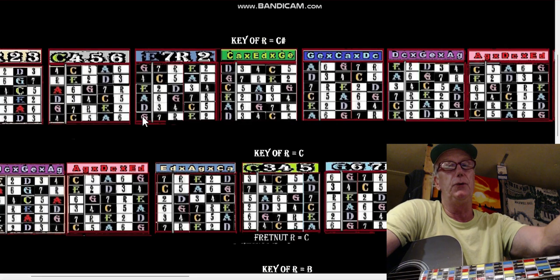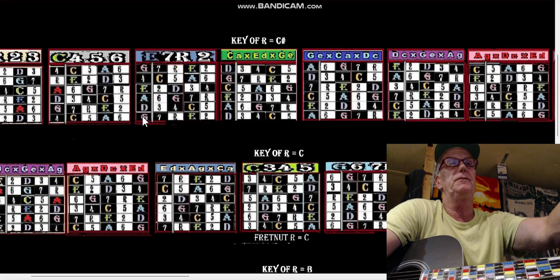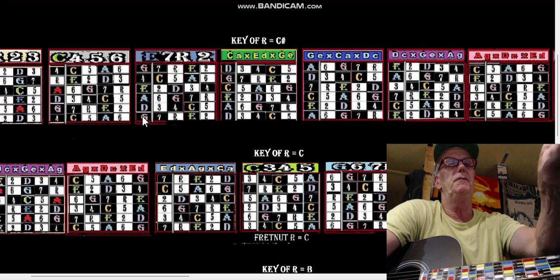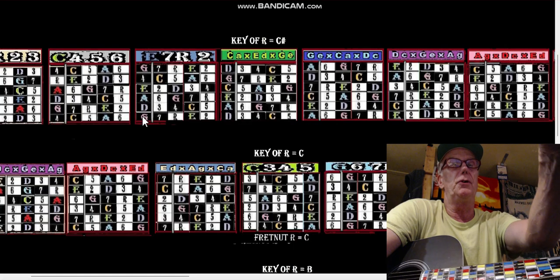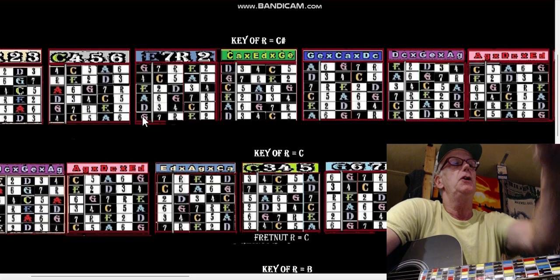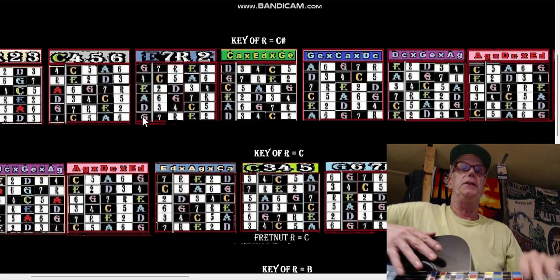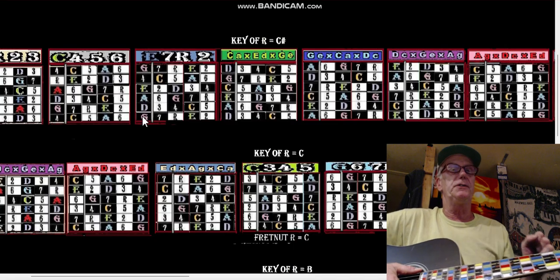C is the root of C. C is the 7th of D flat, the 6th of E flat, the 5th of F, the 4th of G, okay? And C is the 3rd of A flat. So that's the scale. All those keys can be played.